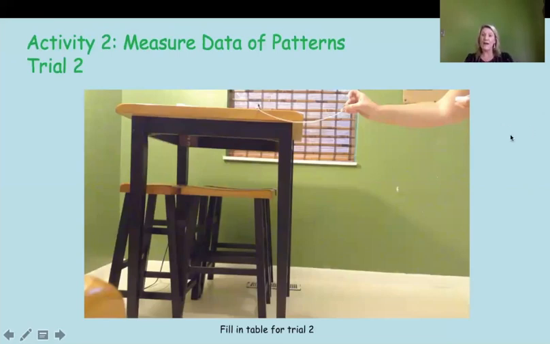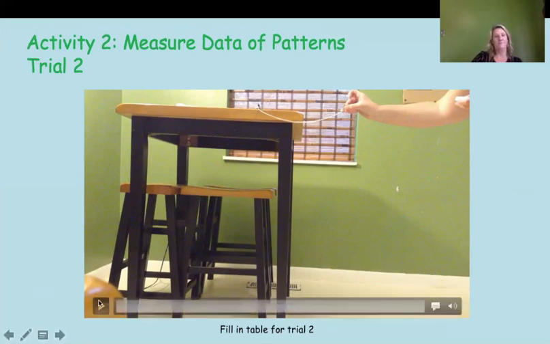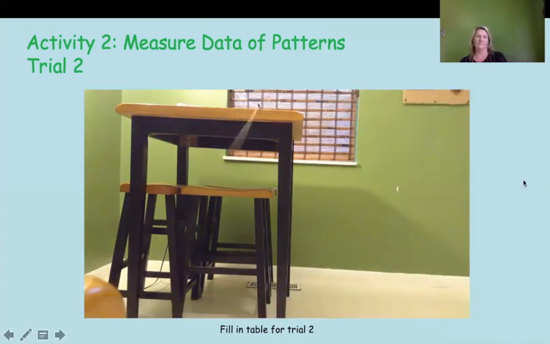Okay, so this is trial 2. I'm going to count quietly now, and you can count out loud or you can do it quietly. Okay, so what did you get? I got 15 swings, so I'm going to put down 15 on my table.